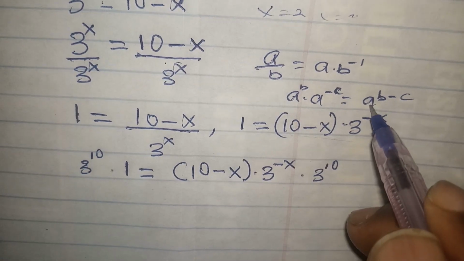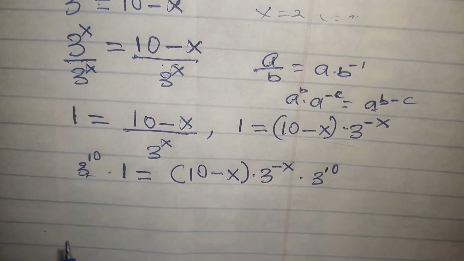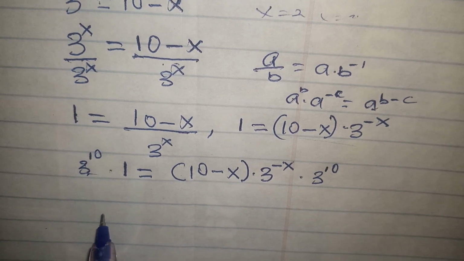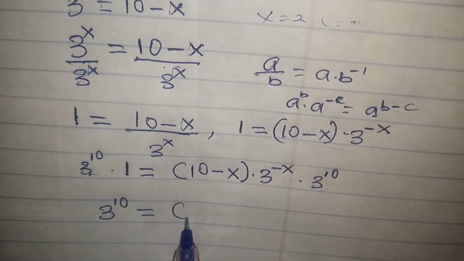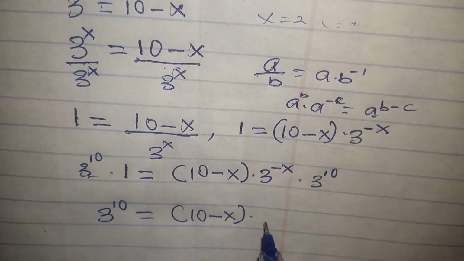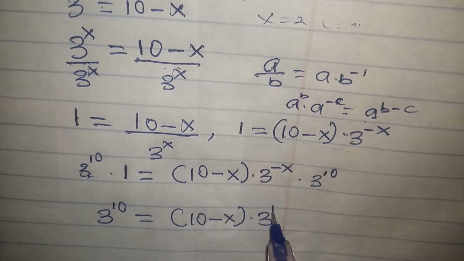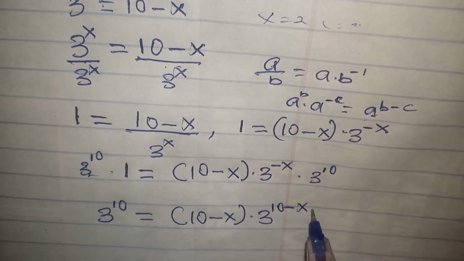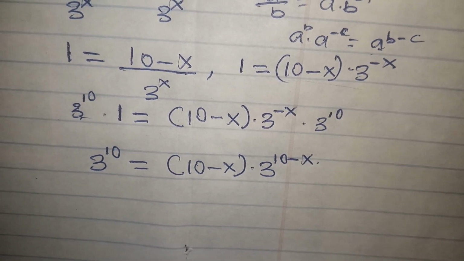So if we put this rule here, this will multiply this, it will remain the same. So we have 3 to the power of 10 equals open bracket 10 minus x close bracket times 3, putting this rule here, becomes 10 minus x. Okay, so this is what we are now having.